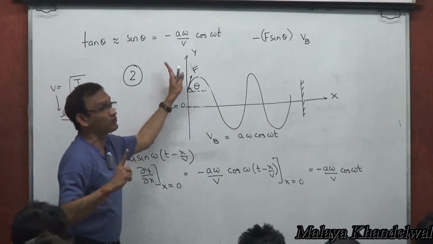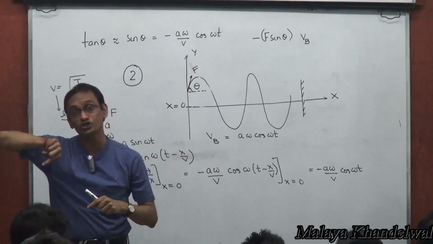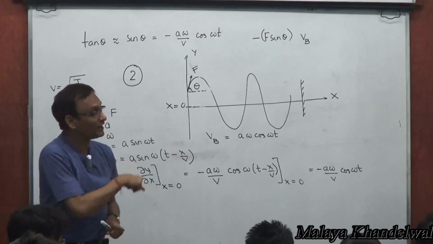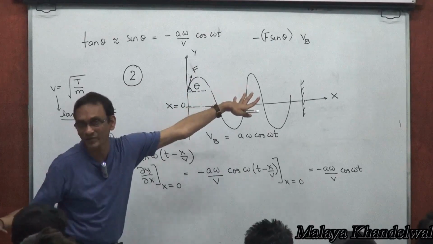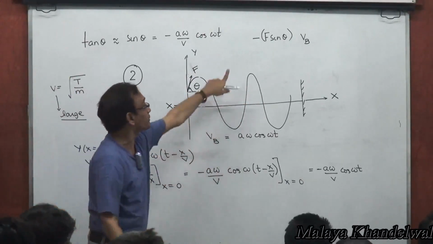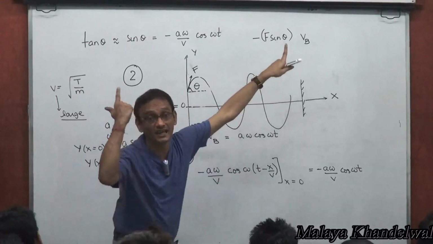This F sine theta was the force that the string exerted on the block. So the block exerts on the string a force like this, right? And the velocity of the string at this point is also Vb, same Vb, right? So the power that the block transfers to the string is this, yes or no?